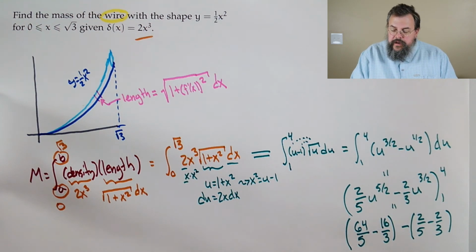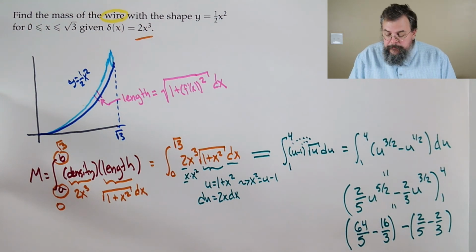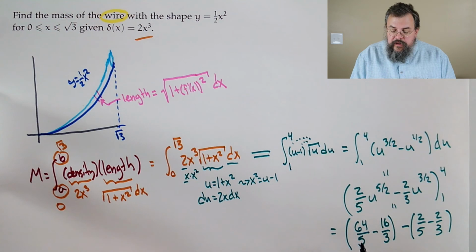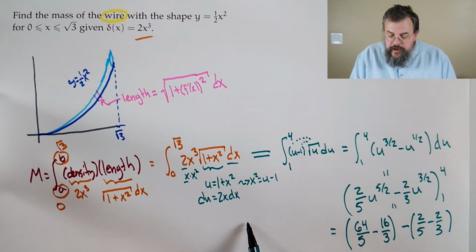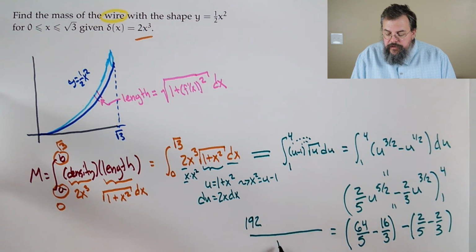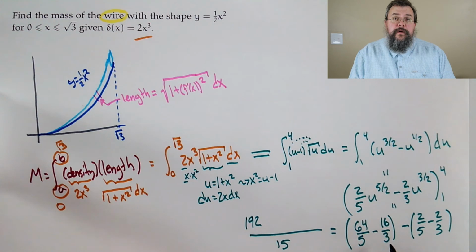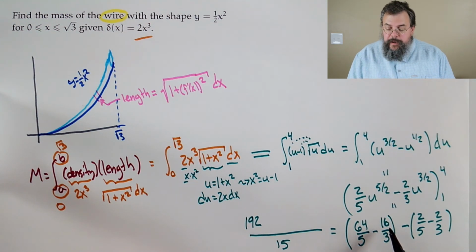Well, let's use a common denominator of 15. 64 over 5, well, I need to multiply by 3 over 3. 64 times 3 is, of course, 192, over 15. To get 16 over 3, well, I need to multiply by 5. 16 times 5 would be 80.